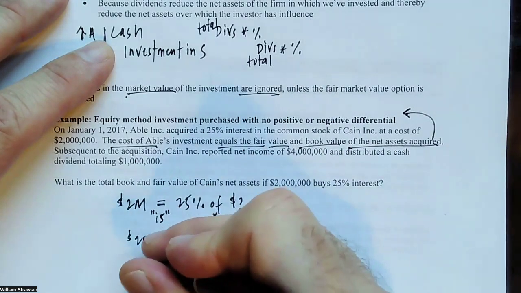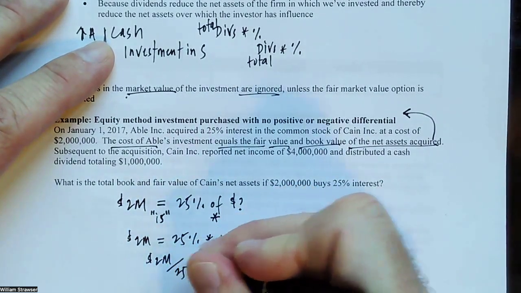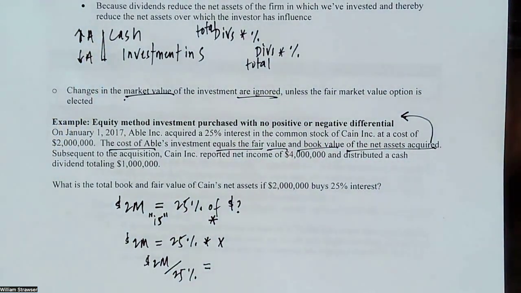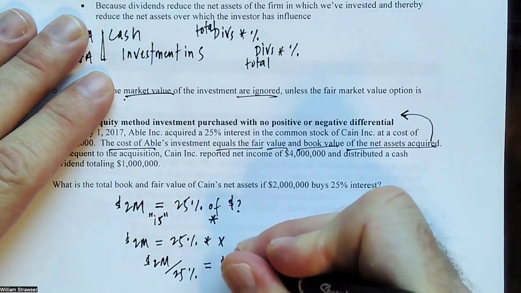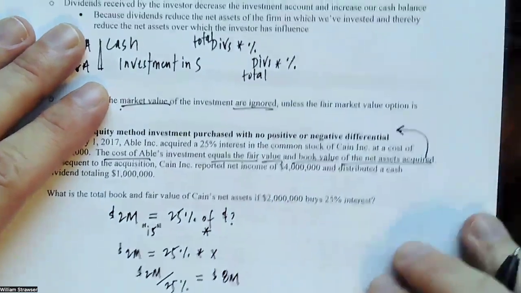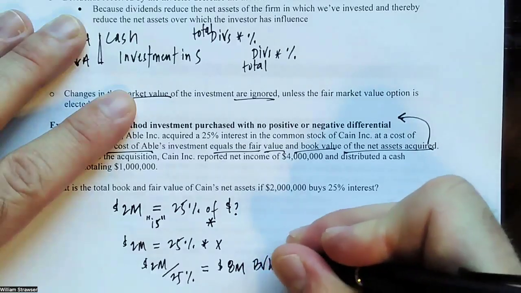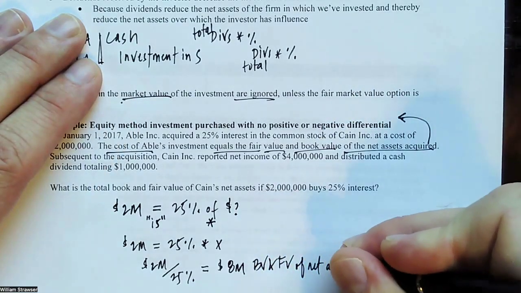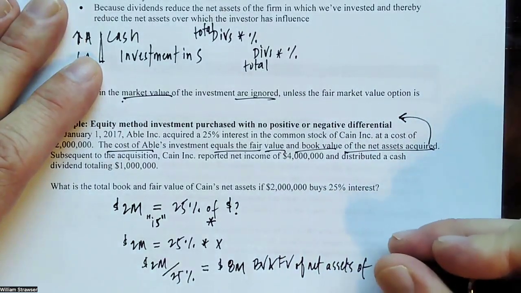And so we divide 2 million by 25% in order to gross that up to what the total price would be, which is 8 million. So this is the book value and fair value of net assets of Kane.